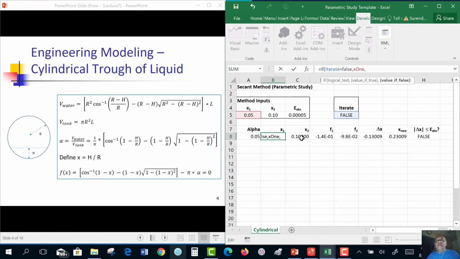Otherwise, use the value from here. Same thing here. If iterate is false, use x2 as initial guess. Otherwise, take the value in this box.